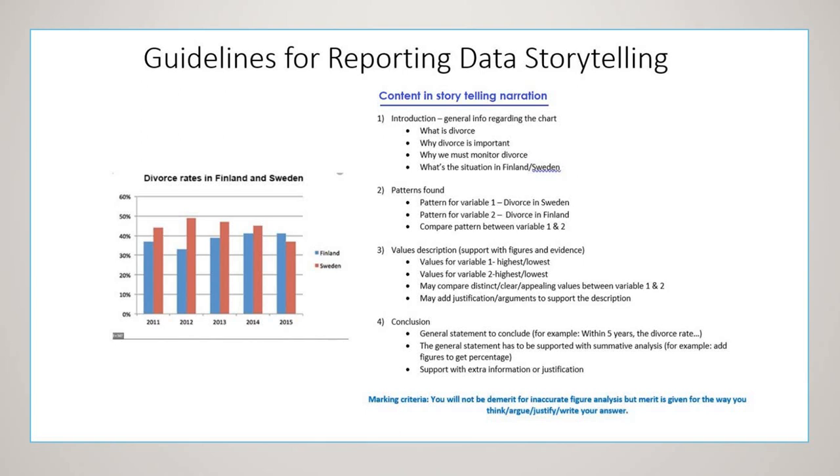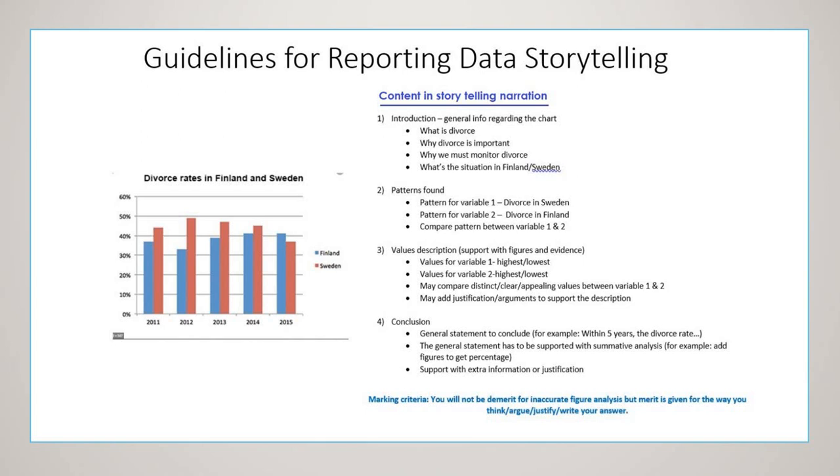Kemudian masuk kepada pattern yang saya kata tadi, pattern for variable 1, pattern for variable 2, okay, Sweden, Finland, lepas tu compare. Okay, so value description, highest, lowest, okay, compare distinct or clear appealing values antara dua tu. Kemudian tambah justification. Kemudian conclusion lah.